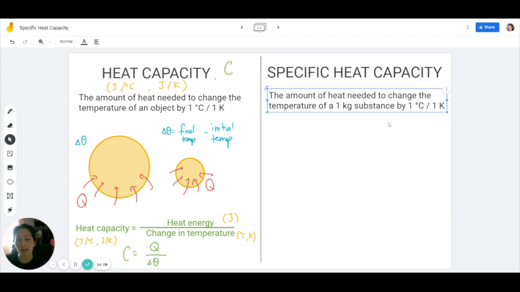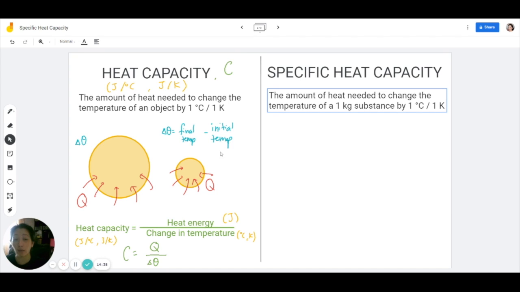Now let's talk about 1 kilogram in this case. What you need to understand about specific heat capacity is that as long as they're the same material or substance, the value is the same. So no matter what mass you have, the value is the same. Let's take water. You could have a cup of water, a pail of water, a bathtub full of water, a swimming pool of water, or even water that's as large as the ocean.